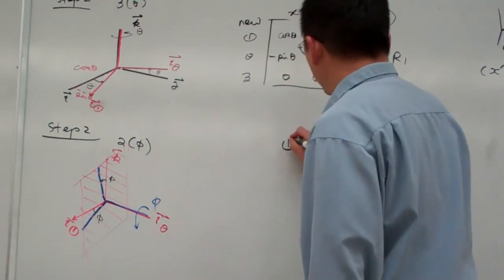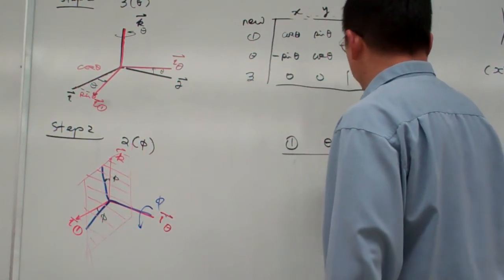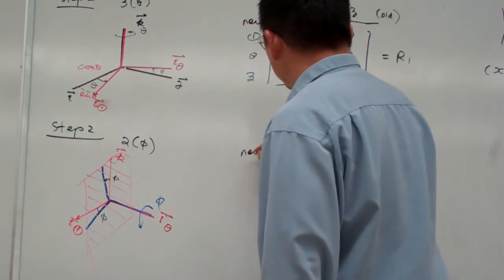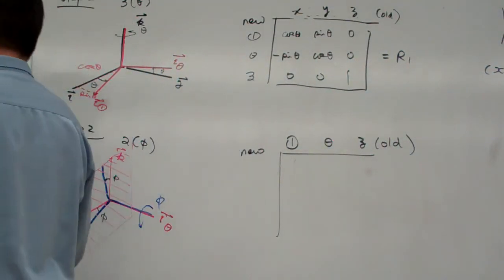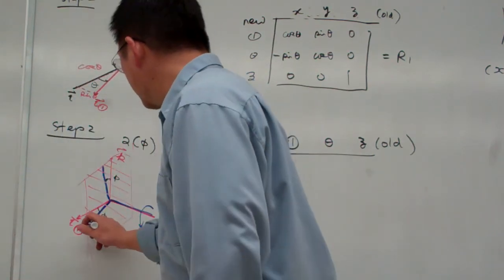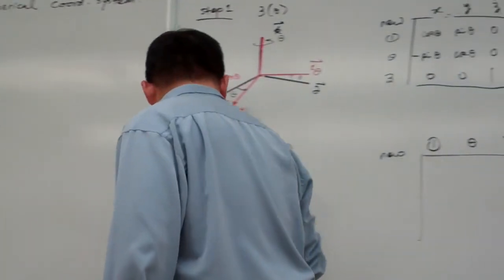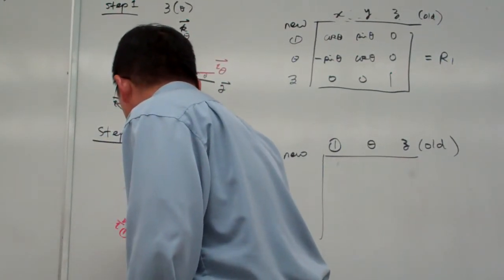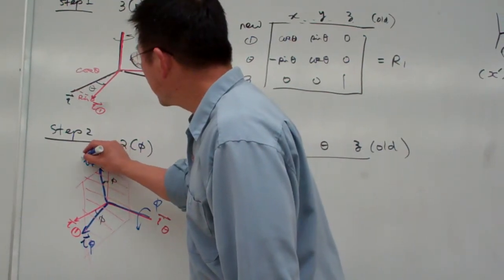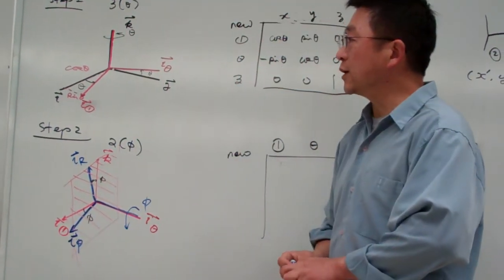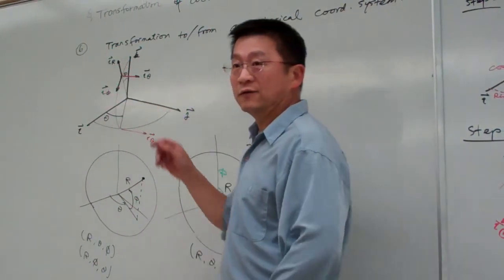So right now we can write it out here. From the old i1, i theta, k to the new. Under these situations, this one will be aligned to i phi here. So that one, this is i phi. Okay, and this one will be aligned to i r. And that sequence will bring us to align to the final destination.